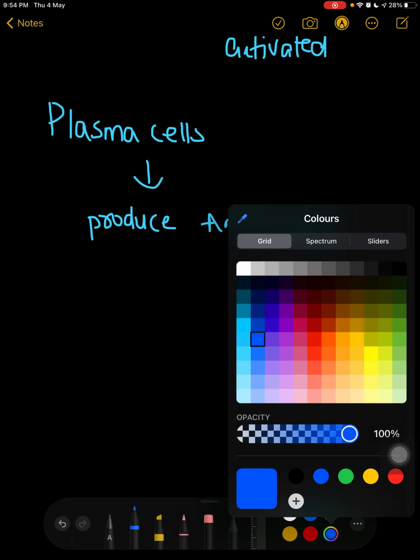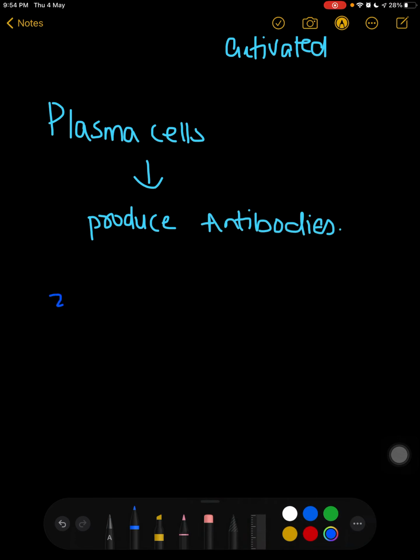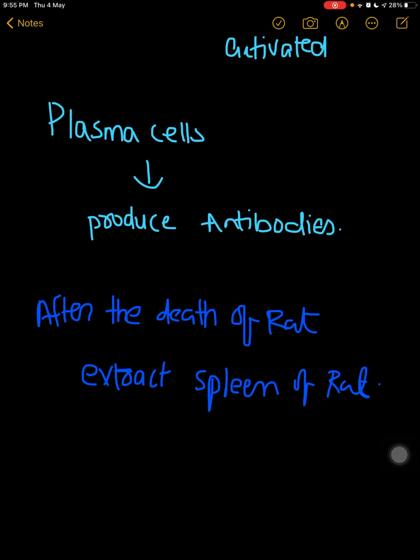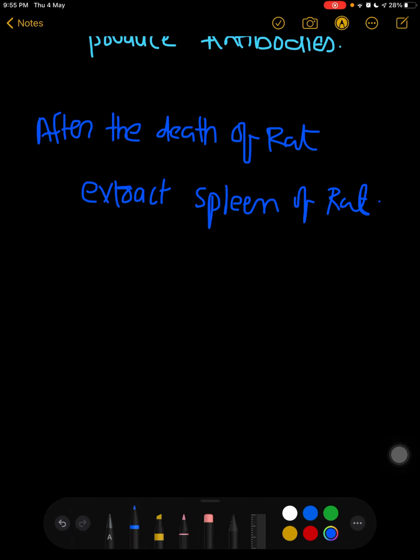Now what is the second stage? After the death of the rat, we will extract the spleen of the rat. Basically we want 2 cells from this rat.